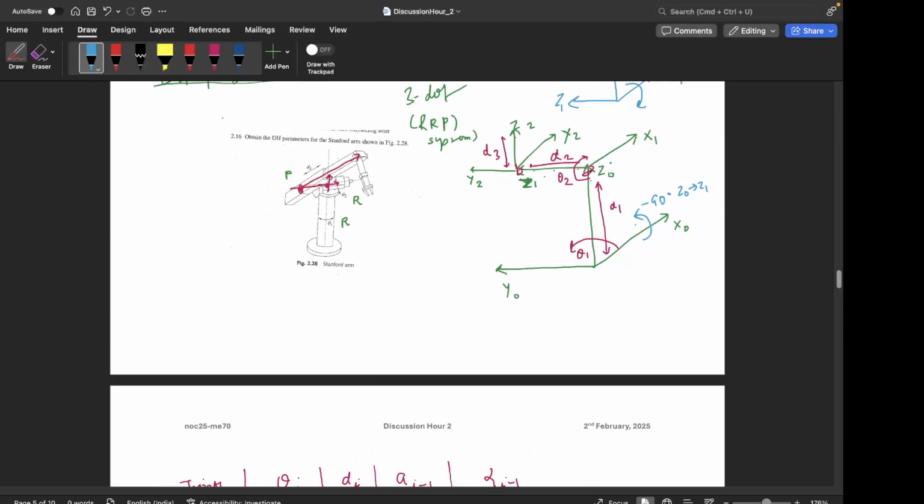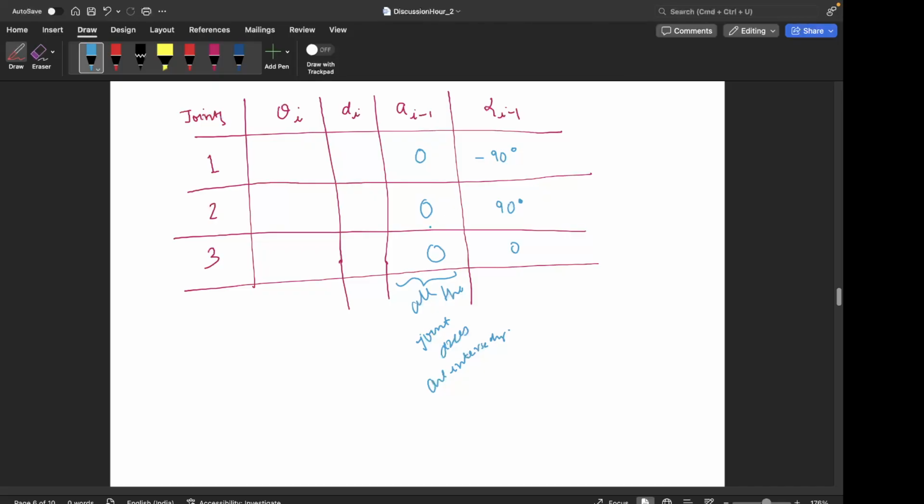That is the distance between the x axes along the common perpendicular. So for the first, it is d1 between x0 and x1. For the second, x1 and x2, it is d2. And for the third, x2 and the final end effector, that is d3. And that d3 is a joint variable, so that is changing basically.